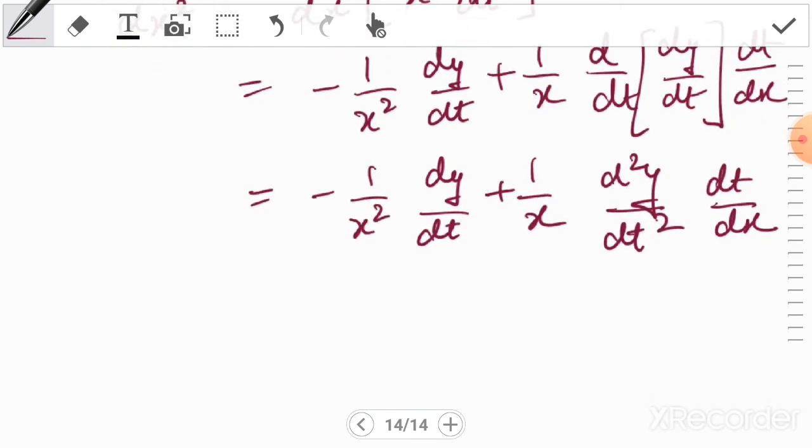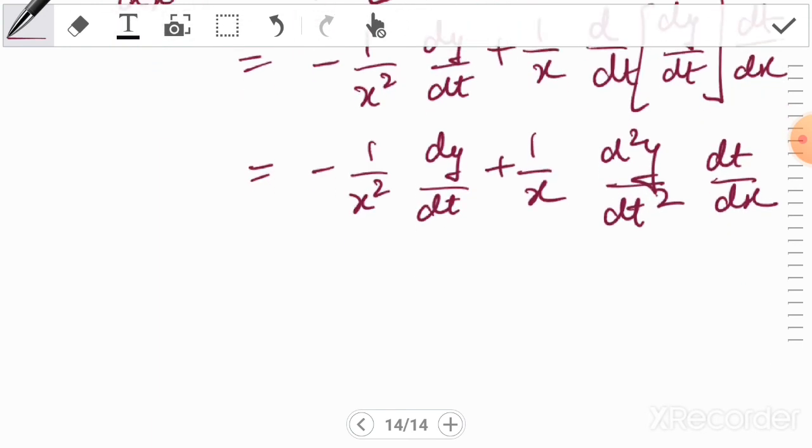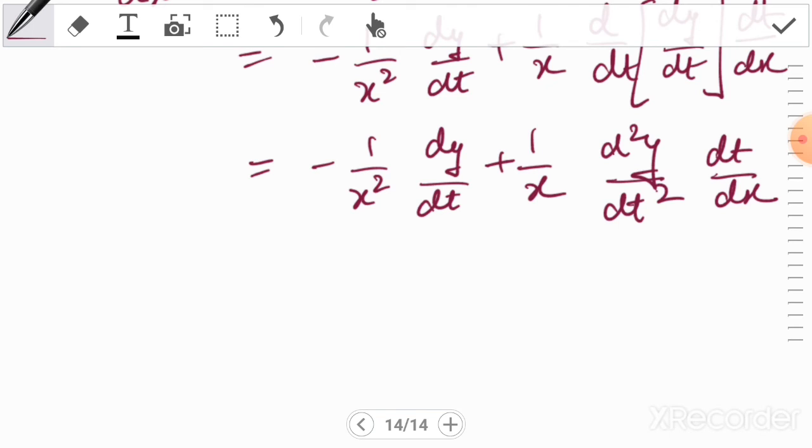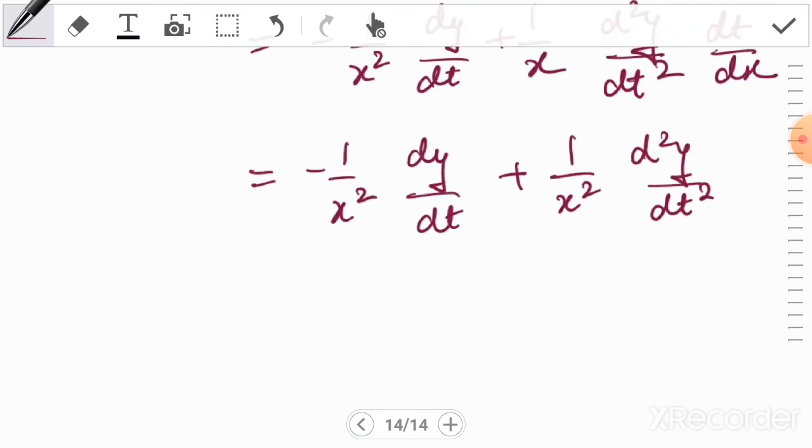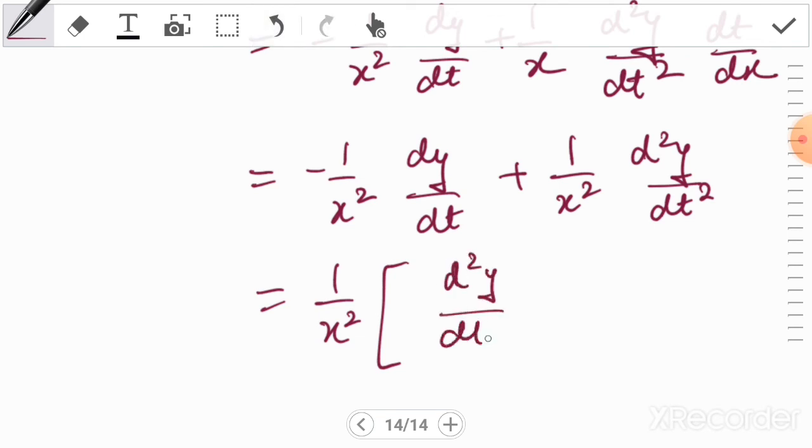And we know that dt by dx is 1 by x. Then this will become minus 1 by x square dy by dt plus 1 by x square d square y by dt square. Taking 1 by x square as common, we have 1 by x square times (d square y by dt square minus dy by dt).